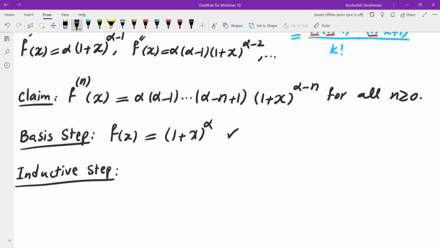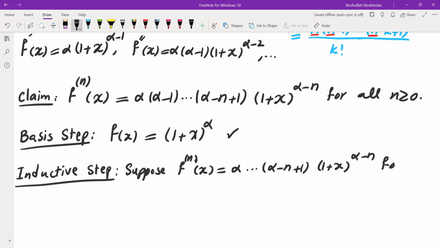Inductive step is this. Suppose f^(n)(x) is equal to α(α−1)...(α−n+1)(1+x)^(α−n) for some n greater than or equal to 0.